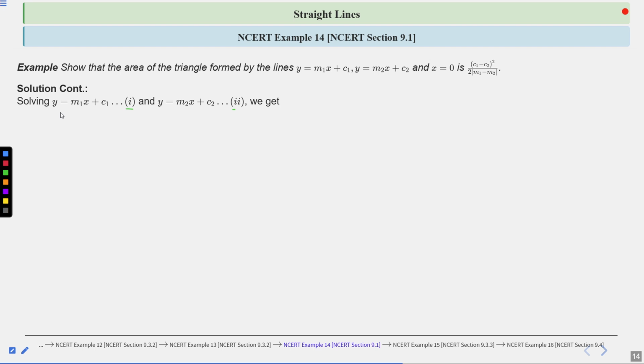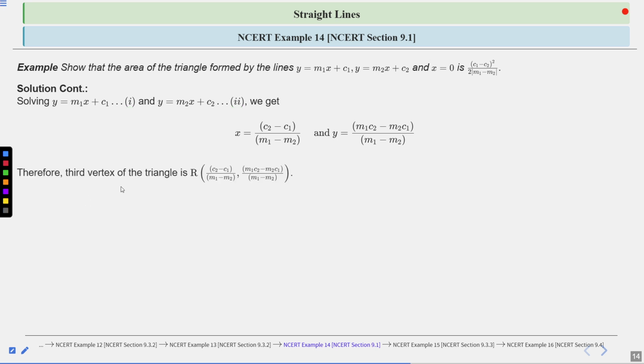Okay, so we get here x is equal to c2 minus c1 divided over m1 minus m2, and y equal to m1 c2 minus m2 c1 divided over m1 minus m2. So by solving equation 1 and 2, we obtain x is c2 minus c1 divided over m1 minus m2, and y equal to m1 into c2 minus m2 into c1 divided over m1 minus m2.